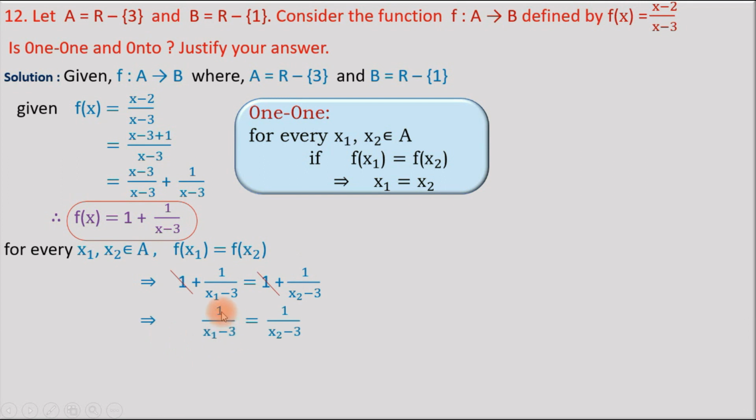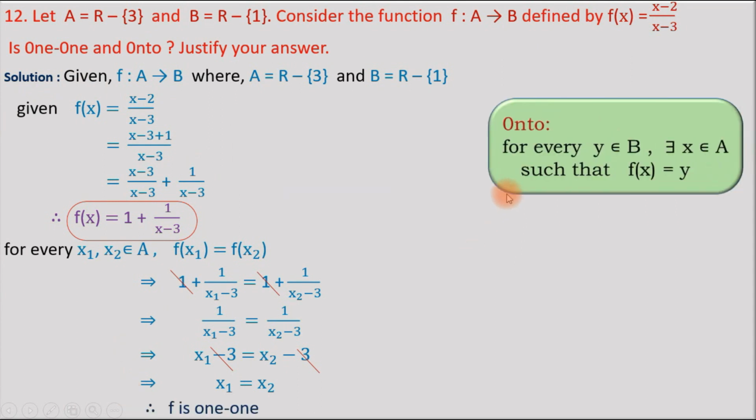This implies 1 by x1 minus 3 equals 1 by x2 minus 3. Take reciprocal on both sides. This becomes x1 minus 3 equals x2 minus 3. Hence, this implies x1 equals x2. Hence, for the condition of one-one function, f of x1 equals f of x2 implies x1 equals x2. This function is one-one.